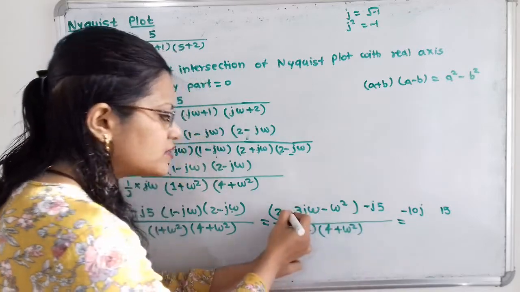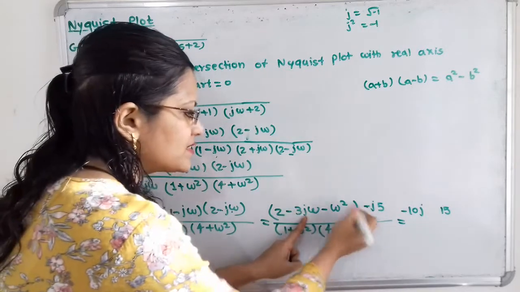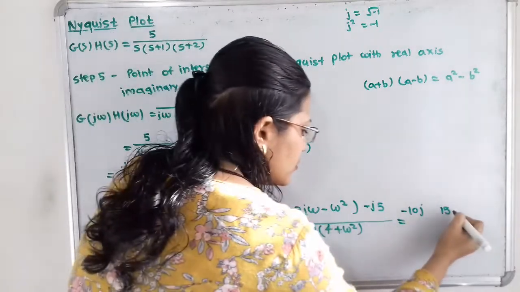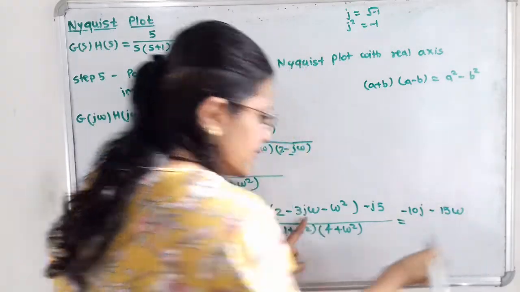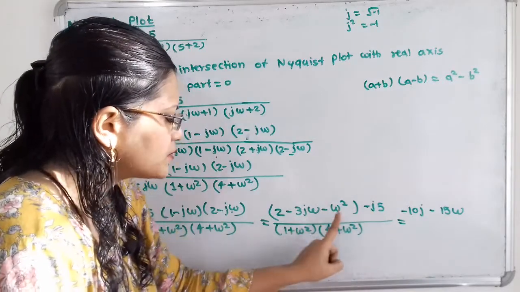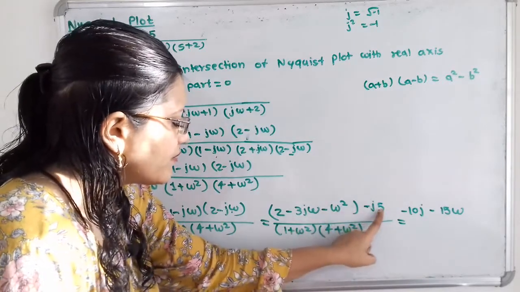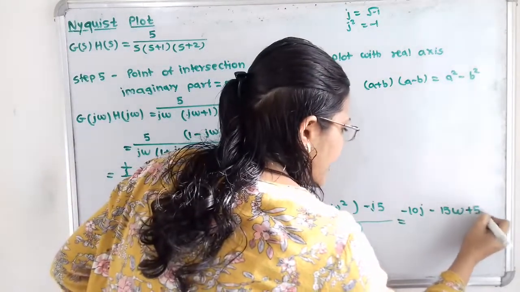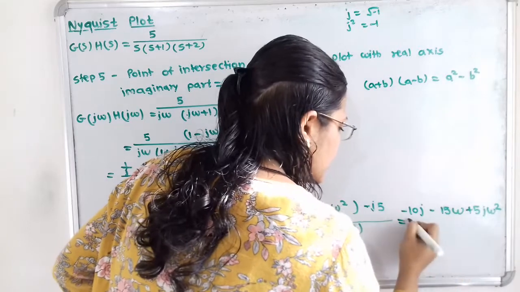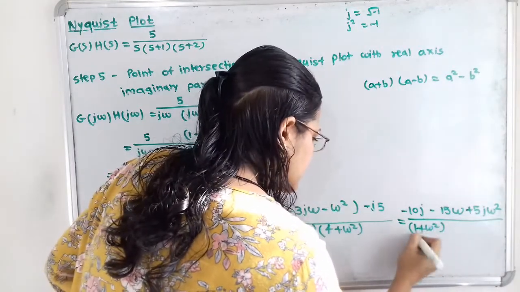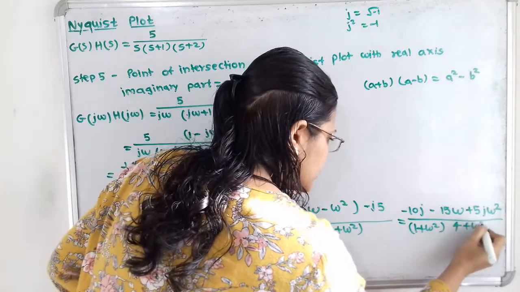This minus will become plus, but because of j square again minus sign is there, and here omega. So minus 15 omega. Then again I will multiply this: minus into minus will become plus, so here 5j omega square. So plus 5j omega square, divided by 1 plus omega square, 4 plus omega square.